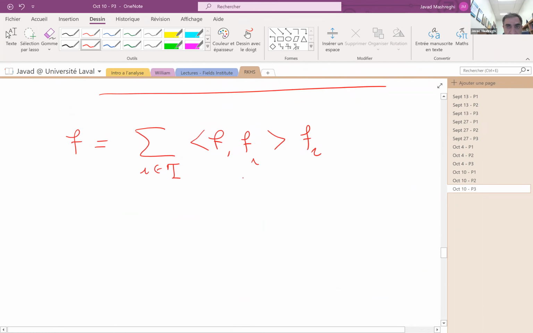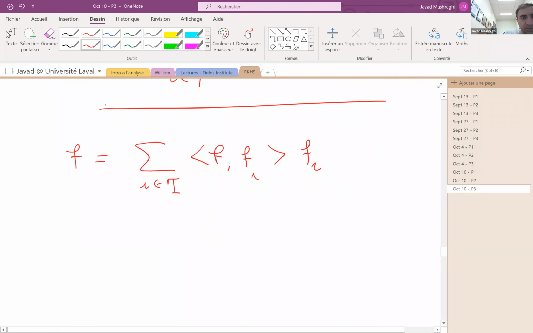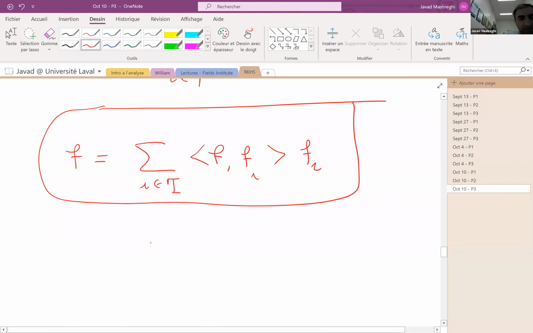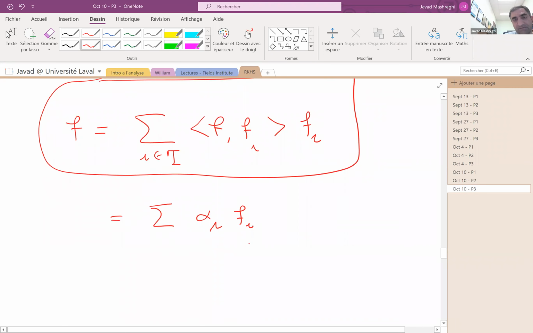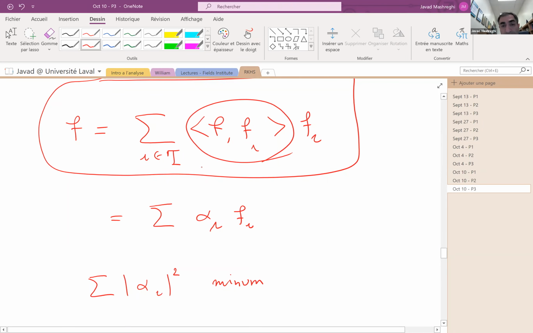To finish, let me mention one more time: among all representations of F as the inner product of F with F_iota times F_iota, or another alpha_iota times F_iota, if you want to calculate the minimum energy, meaning the sum of the absolute value of alpha_iota squared to be minimum, there is a unique solution, which is this one.